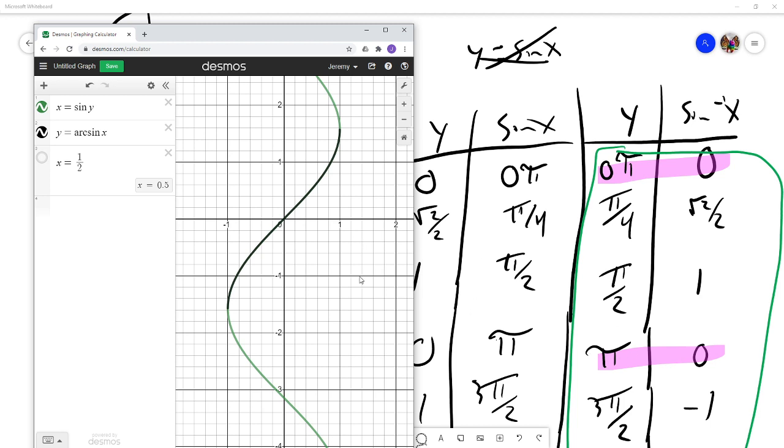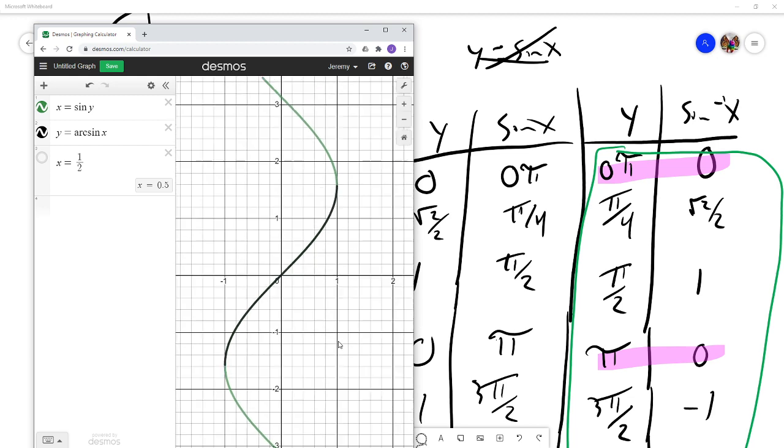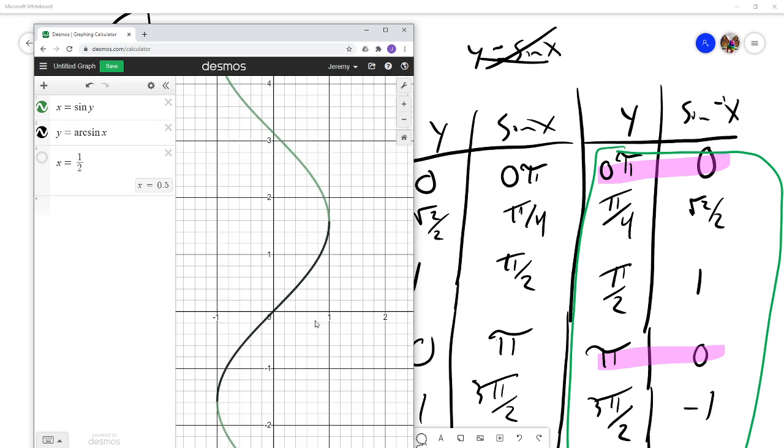So if we try to make our range similar to arccosine, from 0 to pi, notice we would be getting 2 of everything, right? Every single value that we plug in, we get out 2 values. So even though for arccosine we had a range from 0 to pi, that's not going to work here, because if we considered all the values between 0 and pi, that's the part right here.